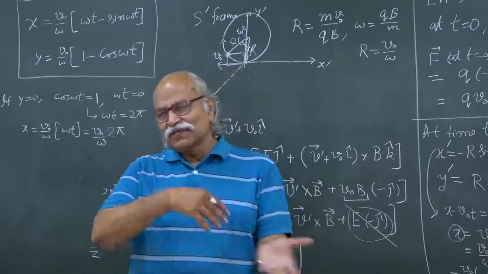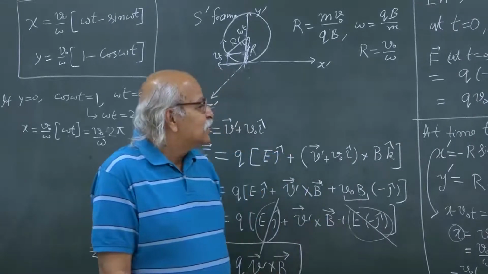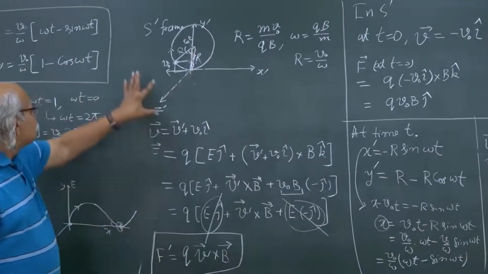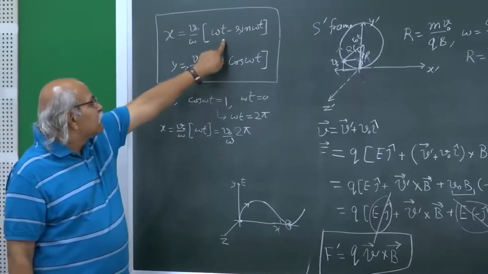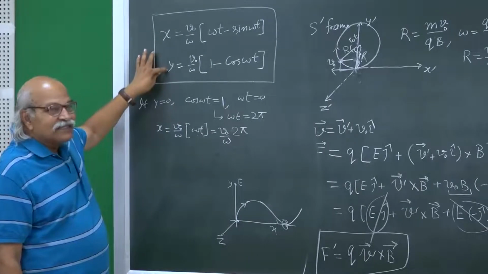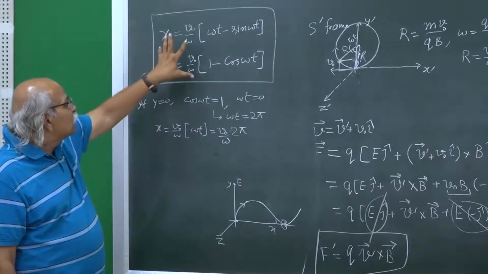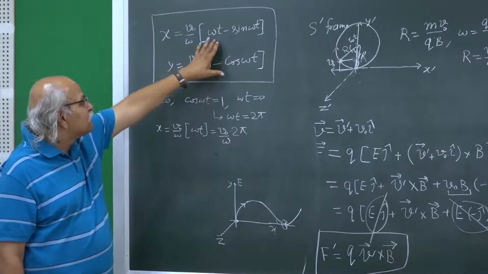Then we simply came back to S frame and then wrote our equations. So, all those calculations we did, and finally we found that in the lab frame, as a function of time, the position x and y is given by these equations. Now, it was to analyze what kind of shape this is, how the particle is moving as a function of time.